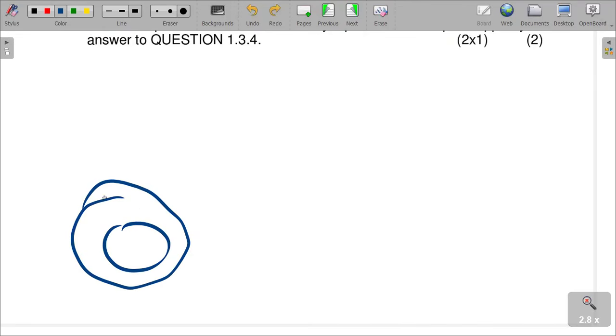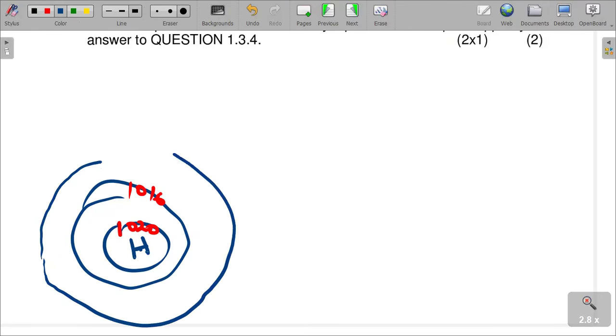For high pressure, we have 1020 at the center, then 1016, and if we have another isobar it would be 1012. This is called a high pressure because the highest pressure is found at the center.